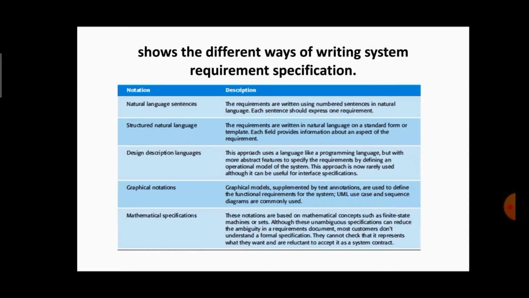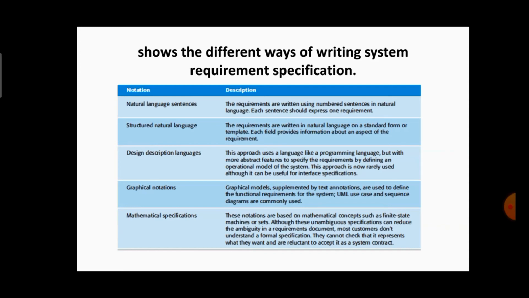Lastly, mathematical specification. I can express my requirements using the mathematical specification. Again, this is suitable only for the technical person. Non-technical persons are not at all going to understand this.